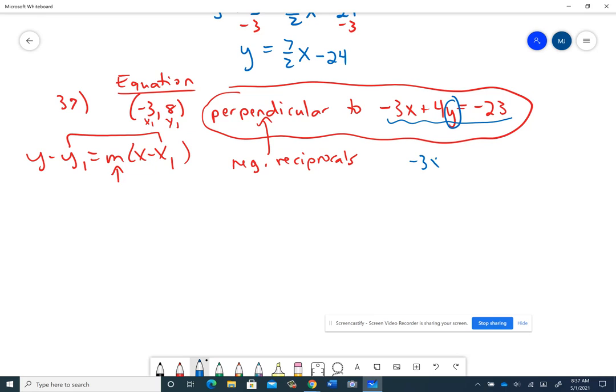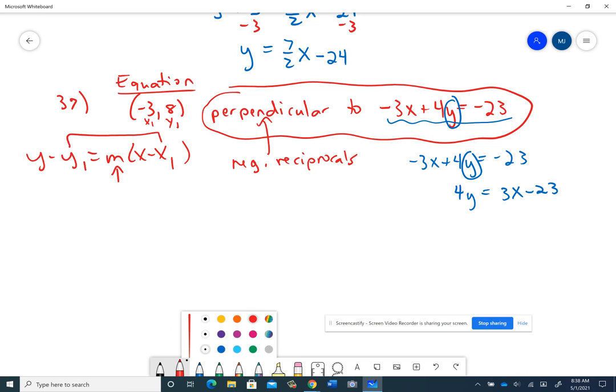You start by taking that equation and rearranging it and getting the y by itself. So I'm going to, let me show you what I did. I added 3x to both sides. It's getting a little slow. I think I'm bogging down my memory on this. Okay. Then I want to get rid of the 4.